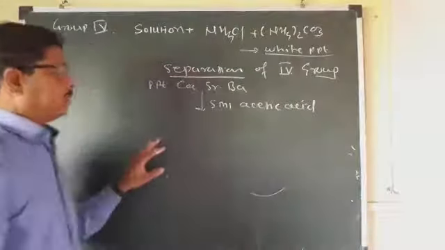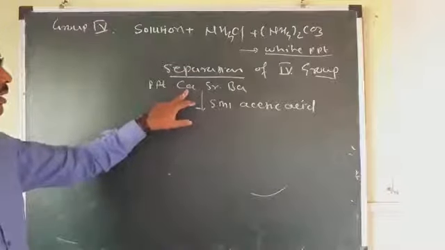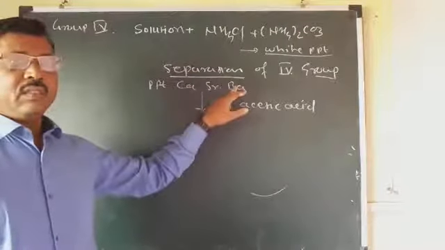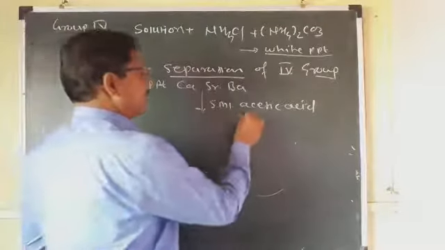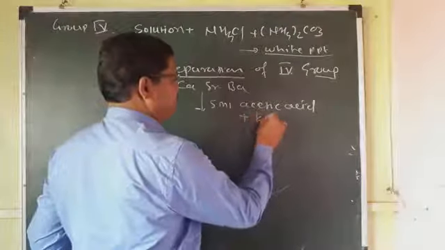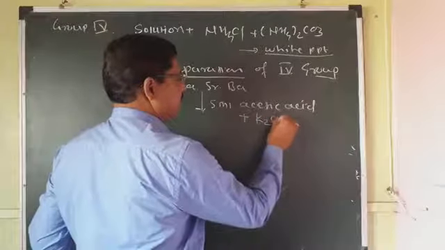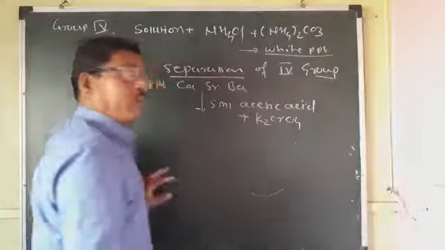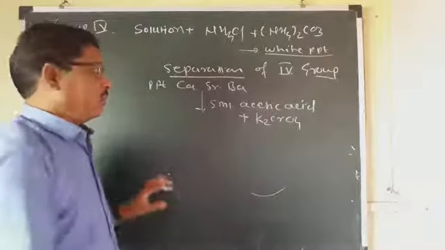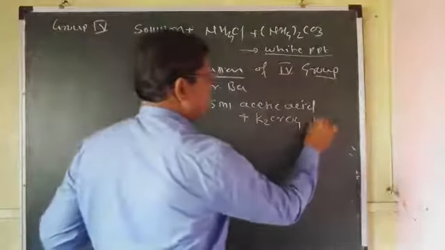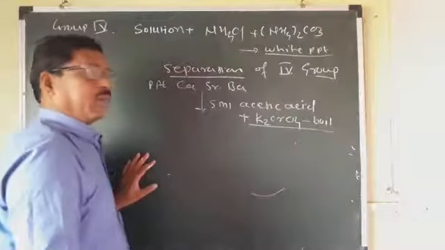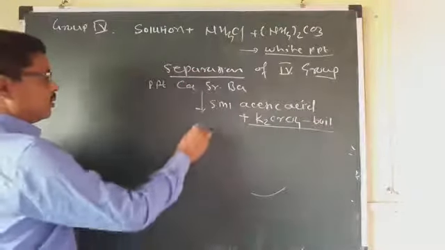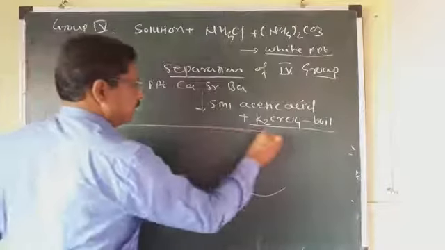Okay, this precipitate of carbonates of calcium, strontium, and barium is treated with dilute acetic acid and potassium chromate, K2CrO4. Okay, and boil this solution.